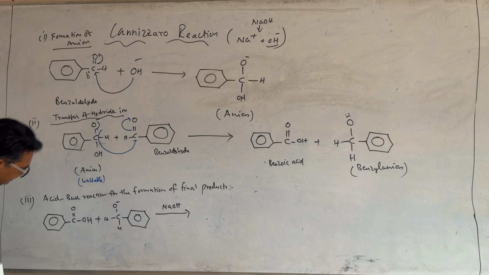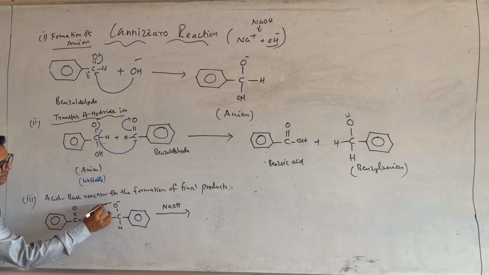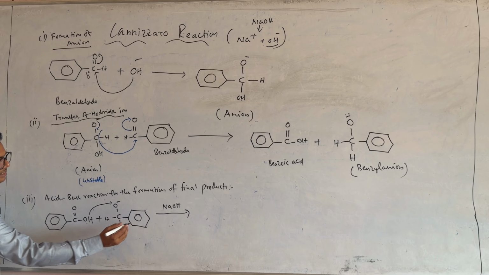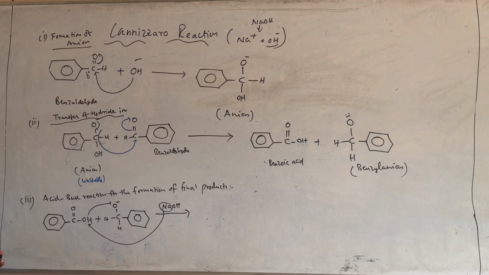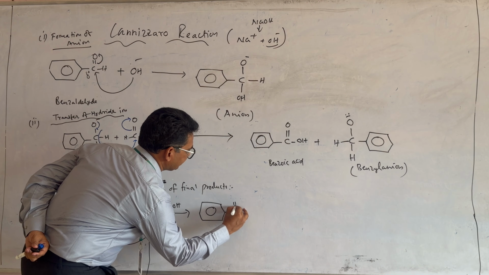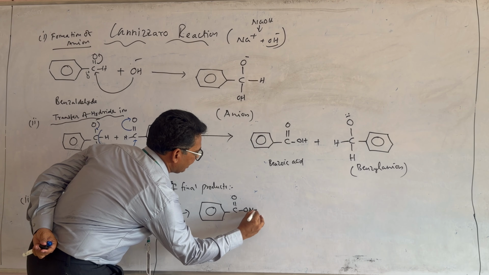What happened in this step exactly? This proton shifts to the oxygen. Is it right? This proton is replaced with the sodium. Then what is produced? Salt of carboxylic acid, the sodium salt of benzoic acid, COONa.